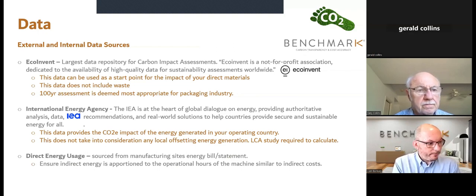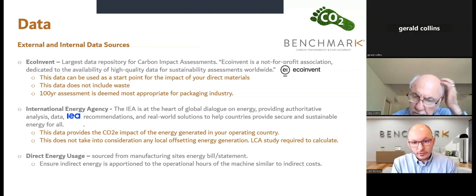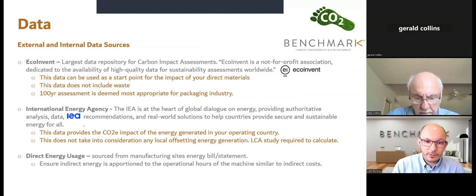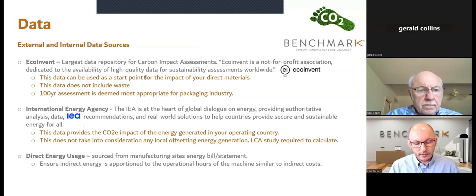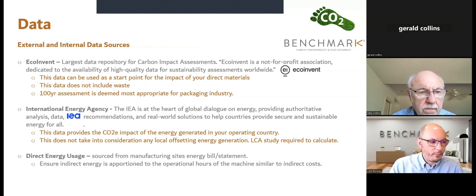So if you look at these sources of data, we can find out what the materials are, and the carbon impact for the materials that are used in our process. We can get that from EcoInvent. Combination of EcoInvent and International Energy Agency, we know per machine hour how much energy or CO2e will be used.